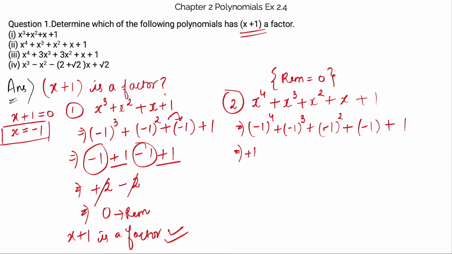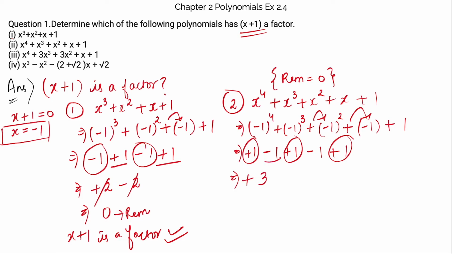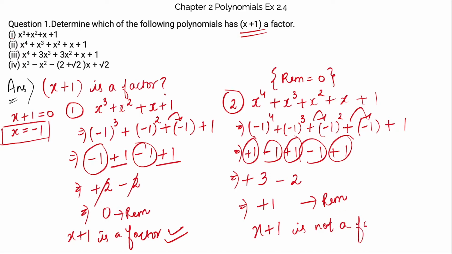Minus 1 to the power 3 will give us minus 1. Minus 1 square will give us plus 1, and plus into plus will give us plus 1. Then plus into minus will give us minus 1 and plus 1. Here we have positive 1 three times, so plus 3, and minus 2 from these two. So the remainder is plus 1. So x plus 1 here is not a factor of this polynomial. I hope we are clear.